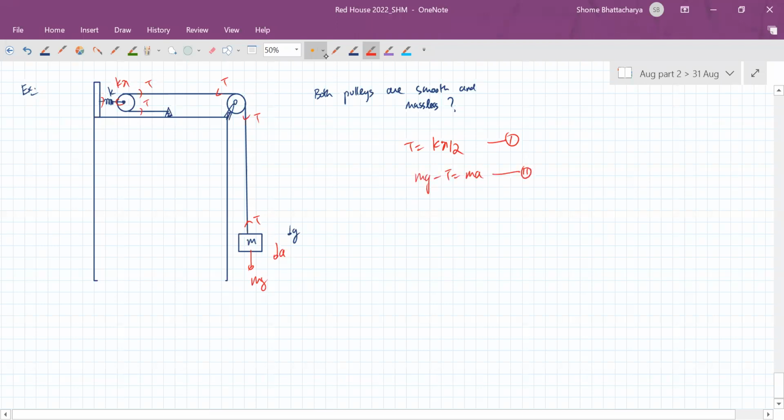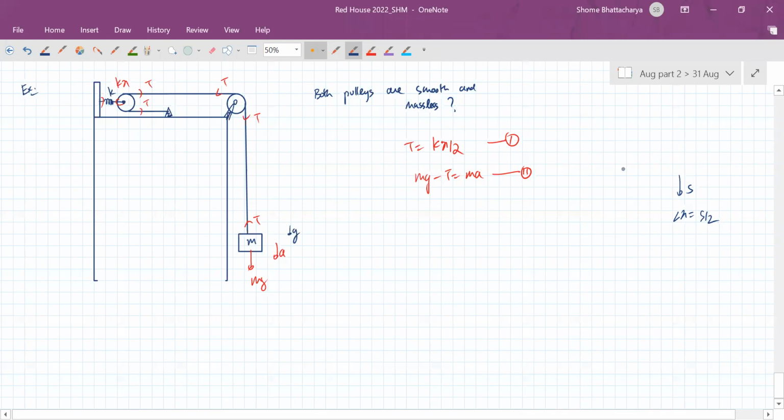Now the constraint relation here: if the block has a downward displacement s, then the spring will stretch by how much? It will stretch by s by 2. So that you can easily understand that delta x is equal to s by 2.